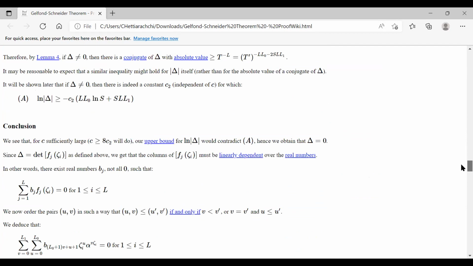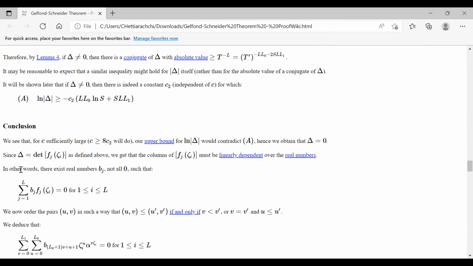So we see that for C sufficiently large, if C is greater than or equal to 8C2, our upper bound on ln of the absolute value of delta would contradict A. If I choose C greater than this, we get a contradiction, which means that delta must be 0. It's a simple calculation, and then delta must be 0.